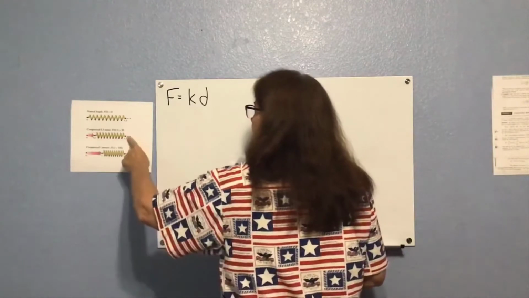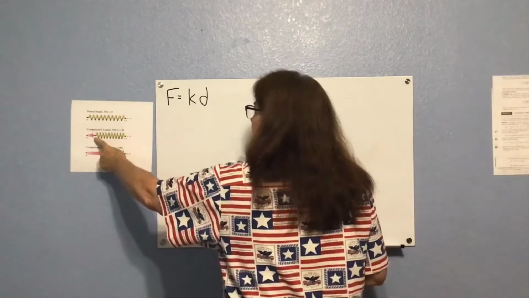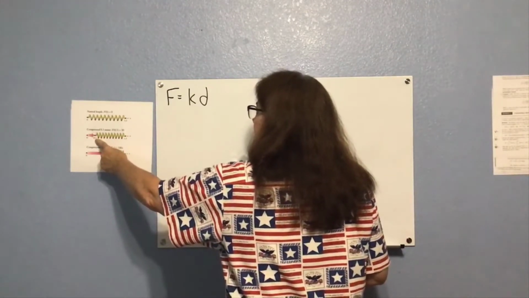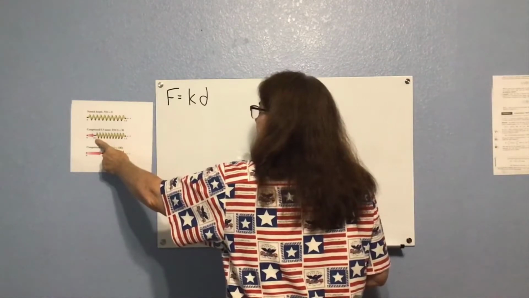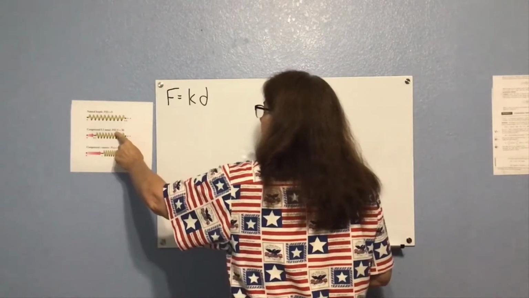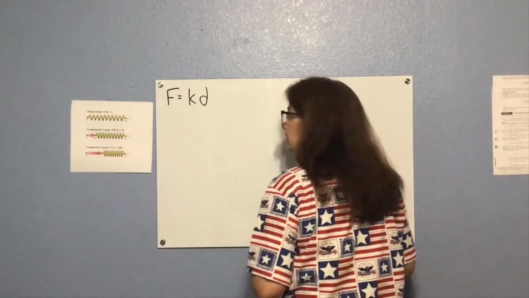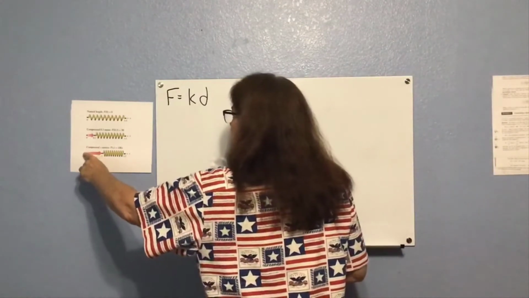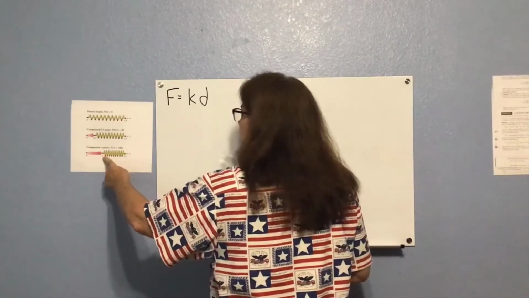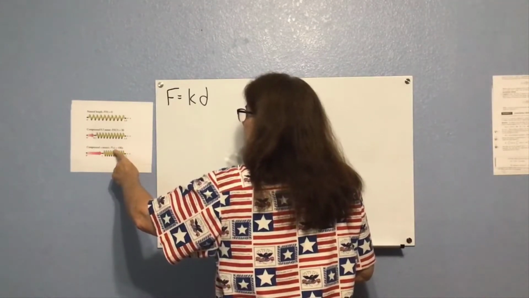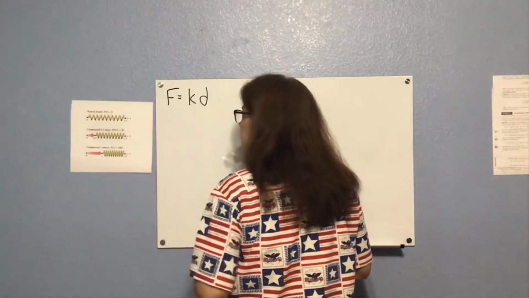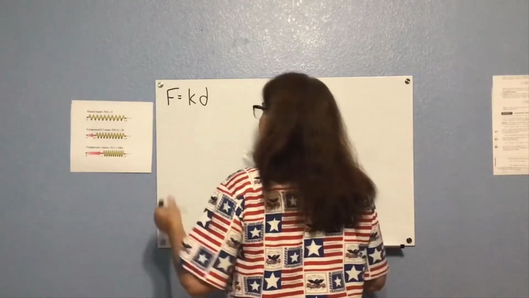In the second picture, the spring's being compressed 0.3 of a meter, and the force to compress it 0.3 of a meter is 30. And if I compress it x meters, the formula is f of x equals 100x.